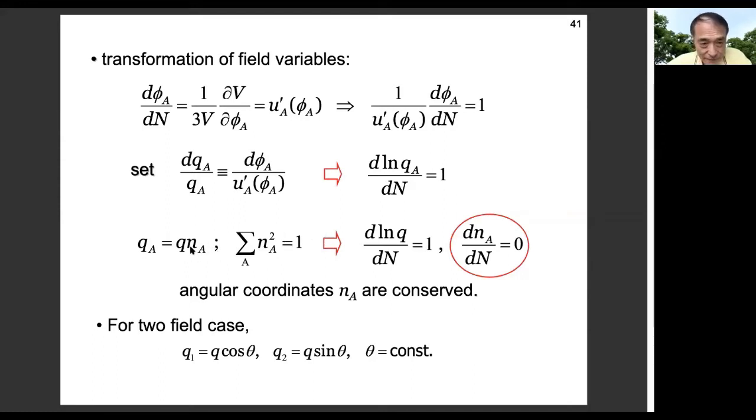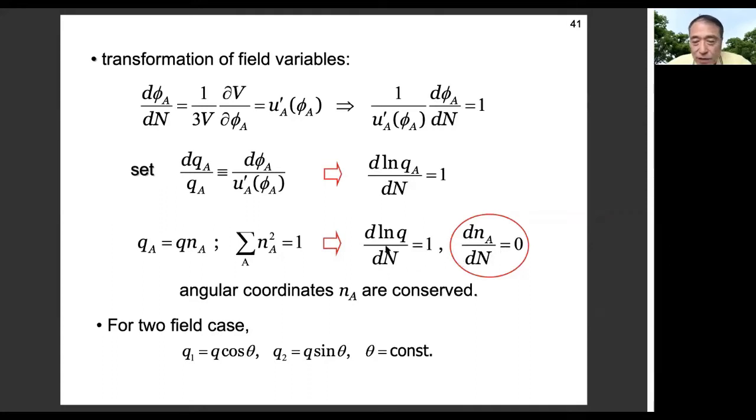Altogether, this means that you have two equations. One is that when the universe evolves, this radial direction will evolve in proportion to n, while this angular direction just stays constant.